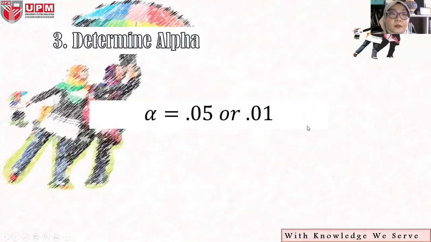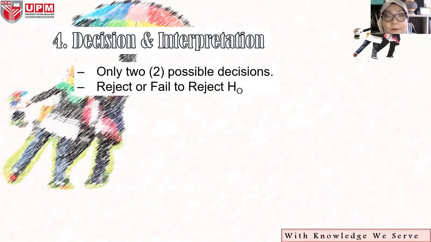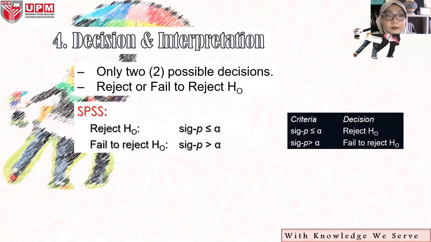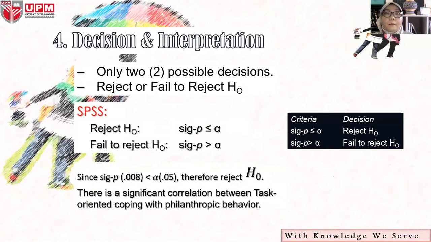Then we set our alpha, either 0.05 or 0.01, and we make the decision by comparing the significance value against our alpha. We compare the significance value that we have earlier, which is 0.008, against alpha 0.05. The criteria: if the significance value is lesser or equal to alpha, we reject H0.